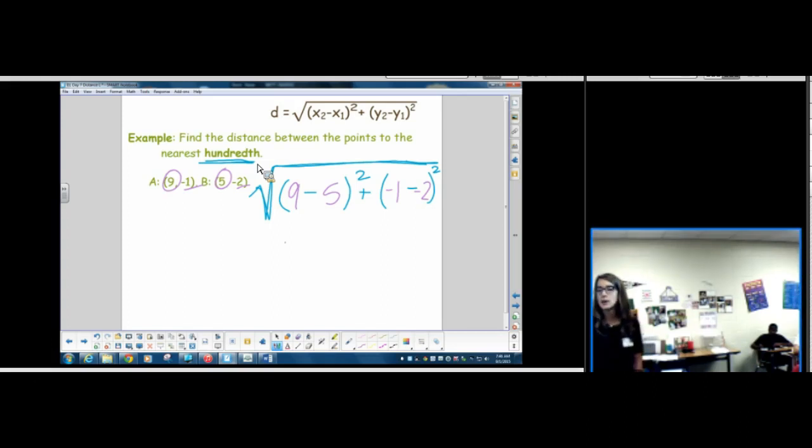Remember, this is the step you don't have to do, but you can if you want to make it look pretty first. 9 minus 5 is 4. And -1 plus 2 is actually 1. Look how quickly that gets pretty. The square root of 4 squared plus 1 squared.